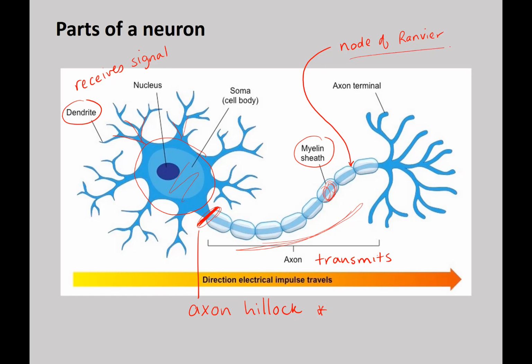This is a break in the myelin sheath, and this is also really important, like the axon hillock, to propagating the action potential. At the axon terminal, you would then have another dendrite here reaching out to the next neuron. Ugly drawings.